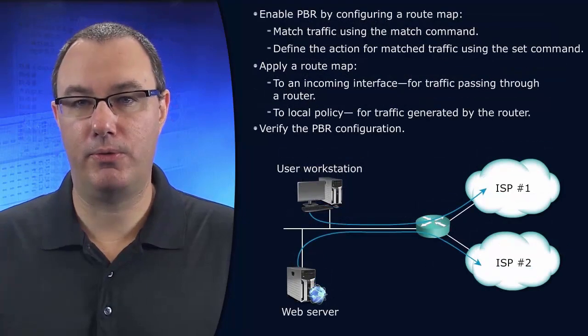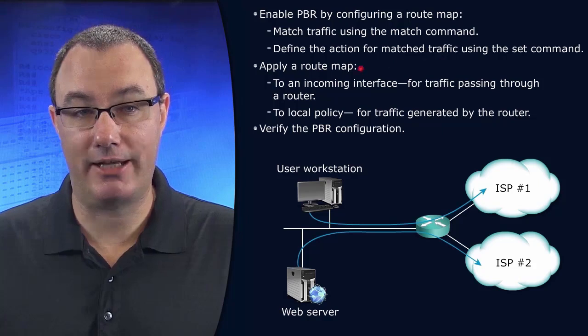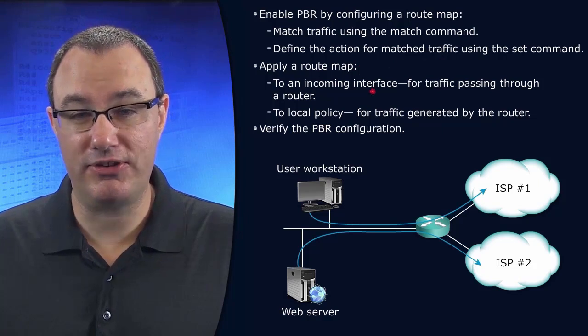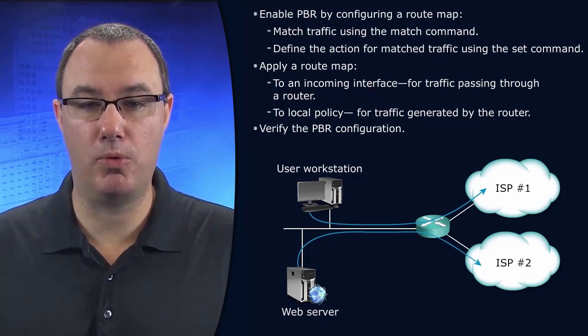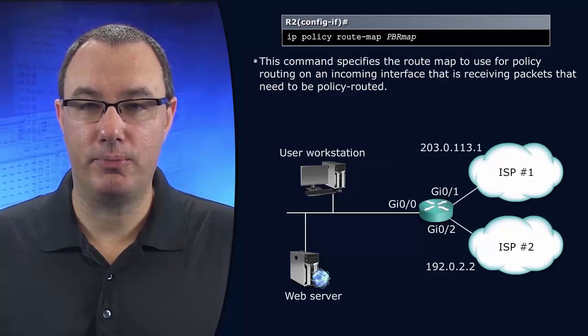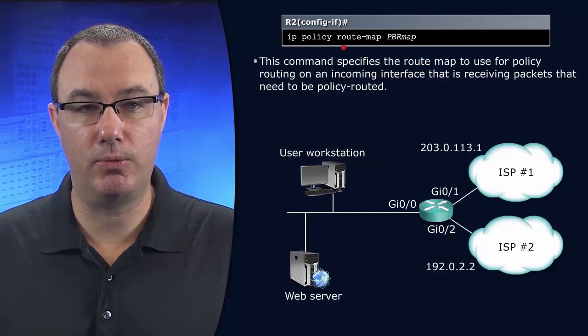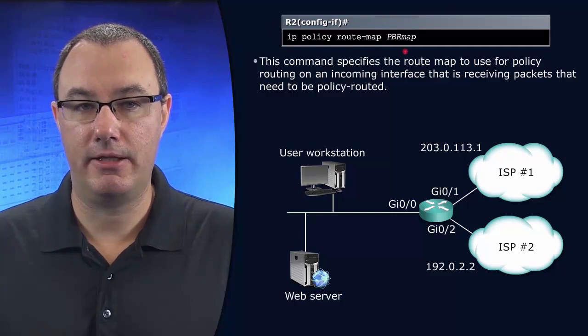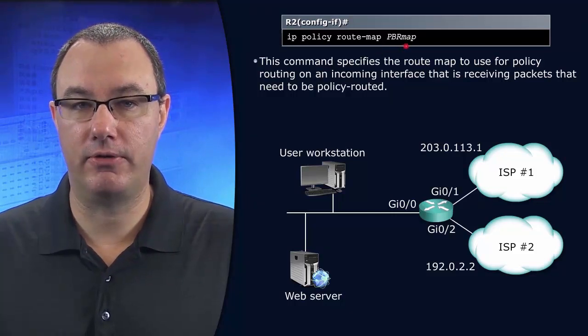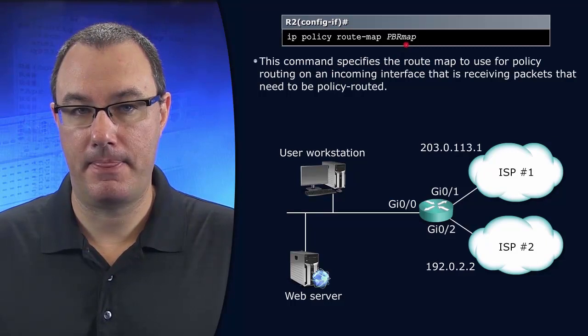Once you've built your route map, it's time to apply it. We apply it to the receiving interface. That's really important. So we apply it to the receiving interface by doing the command IP policy route map. And then we reference the case-sensitive route map that we have crafted.